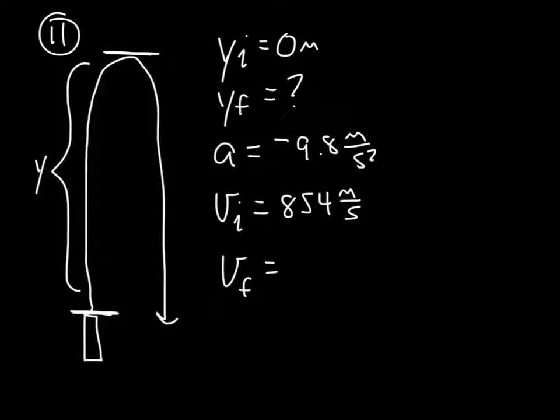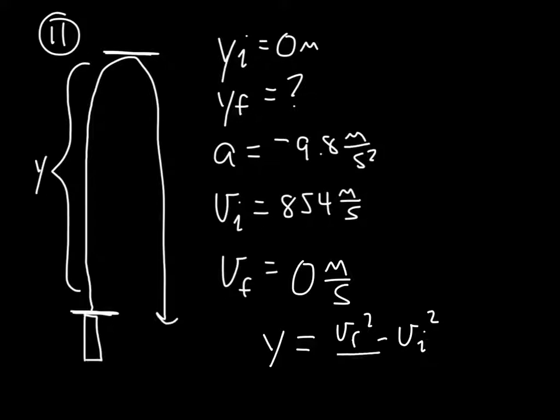So velocity final is equal to 0 meters per second. What formula can we use? We can use y is equal to v final squared minus v initial squared over 2a.